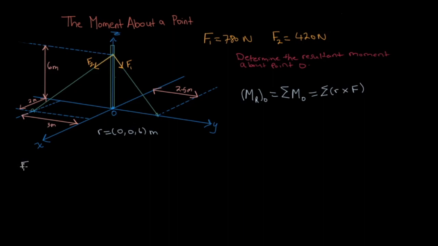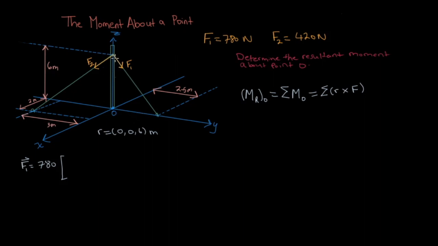So the vector F1 is equal to 780, in newtons, times the unit vector. What we're going to do is take the direction in which the force is pointing.